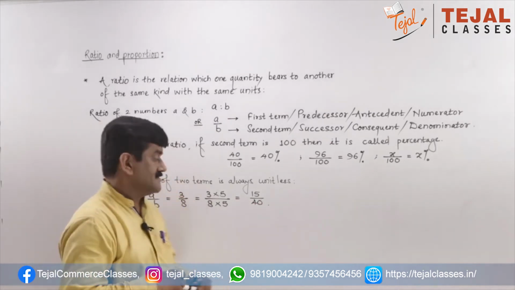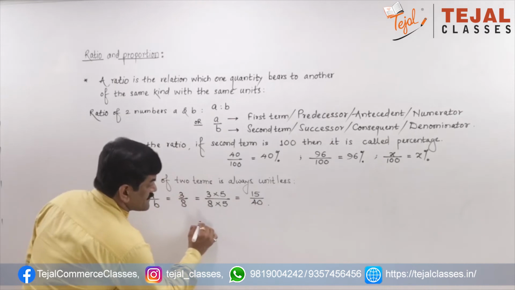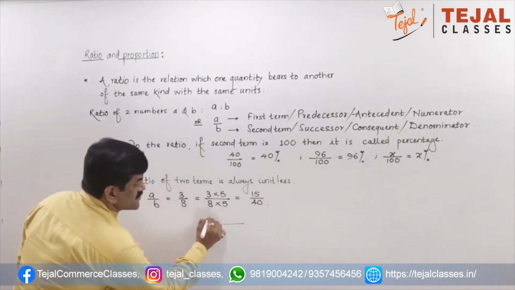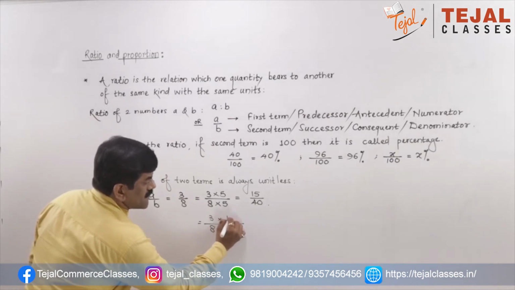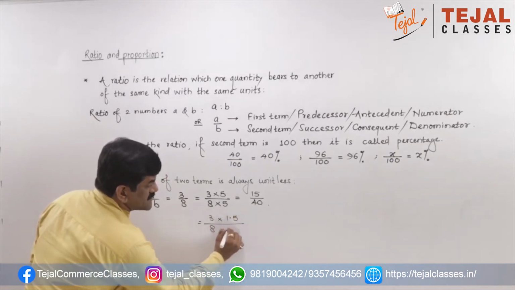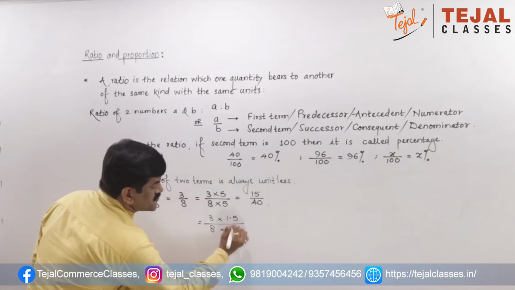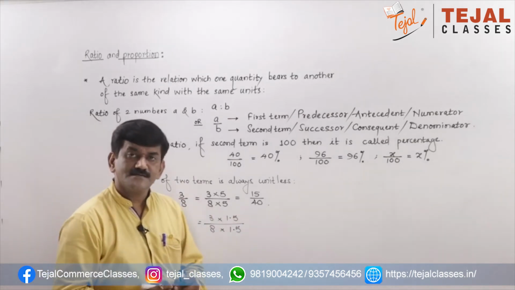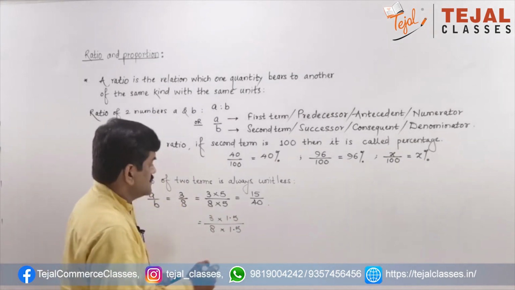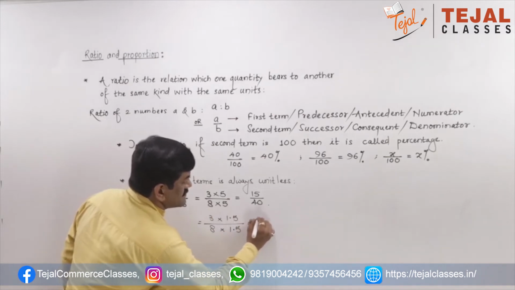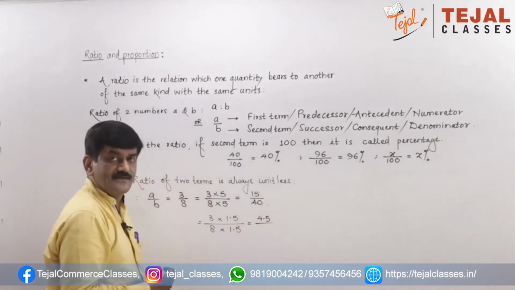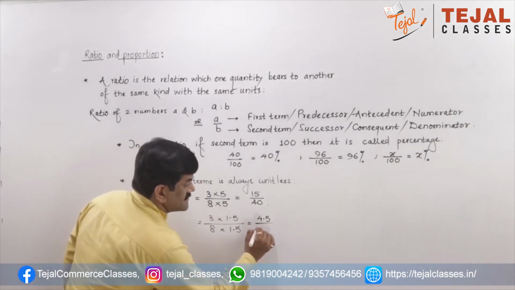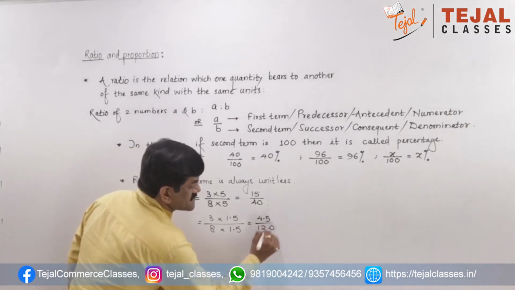Once again, if we multiply by any other non-zero number, 3 upon 8 into 1.5 to both numerator and denominator, then also your ratio will be 4.5 upon 12.0, because 1.5 threes are 4.5 and 1.5 eights are 12.0.